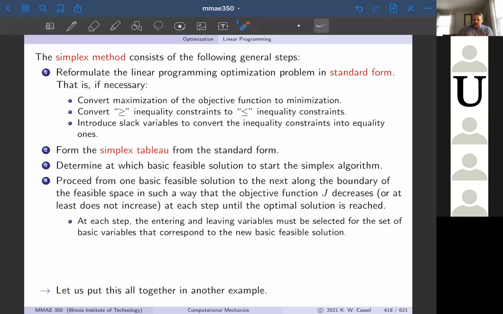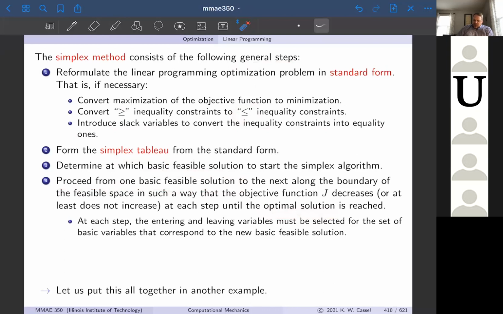So that determines your starting point. And then you'll proceed from one basic feasible solution to the next, in the direction of decreasing the value of J, to get closer and closer as you go around these vertices to the one that corresponds to the optimal solution, with the smallest value of J.